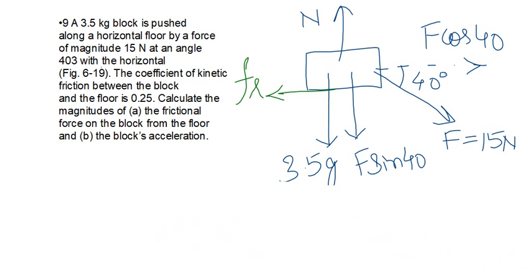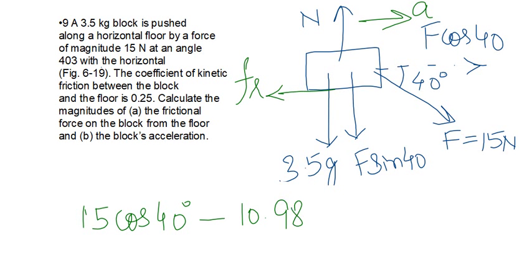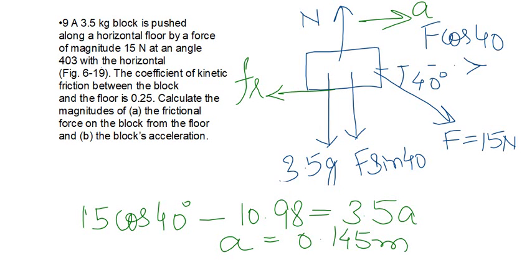If we assume acceleration towards right, then we get the equation 15 cos 40 minus 10.98 equal to 3.5a. When you solve this equation, you will get a as 0.145 meter per second square.